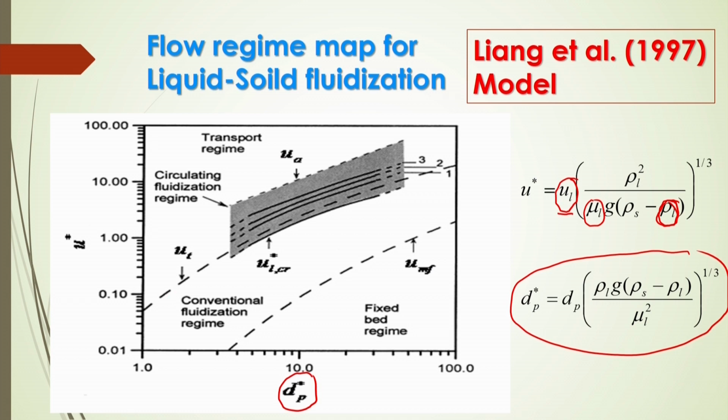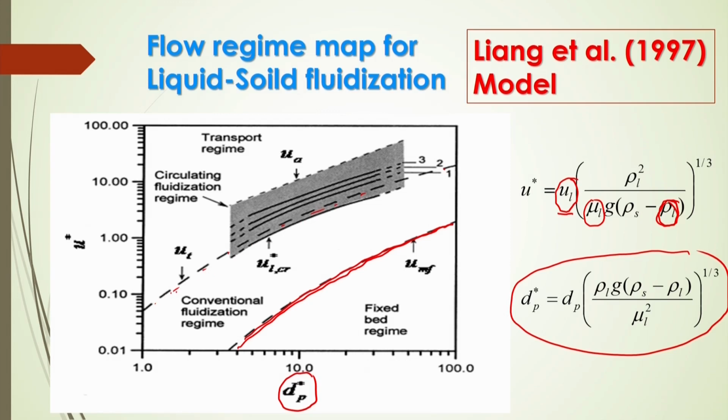If we see this graph, the flow regime map for liquid-solid fluidization, this dotted line, this locus, represents the minimum fluidization velocity in the liquid-solid system. The minimum fluidization velocity is calculated by balancing the frictional pressure drop, calculated by the Ergun equation or by experimental data, with the apparent weight of the liquid-solid bed. So U_mf is a function of d_P star. The other dotted line represents the terminal or settling velocity of the particle inside the bed in a liquid-solid system.